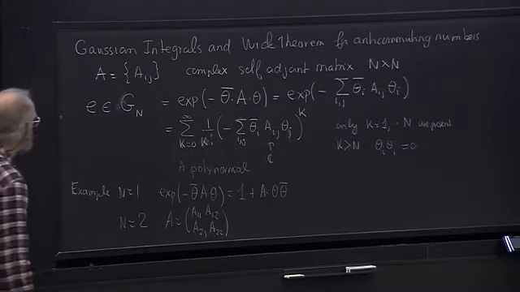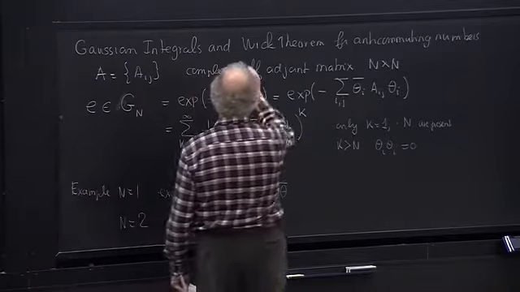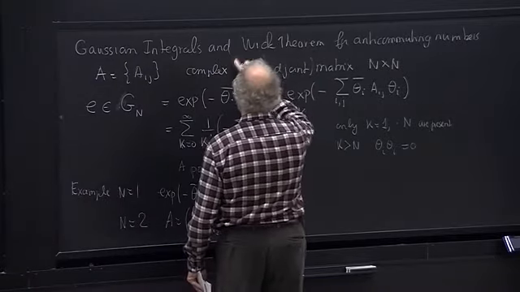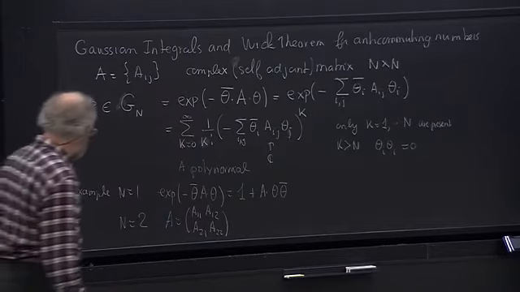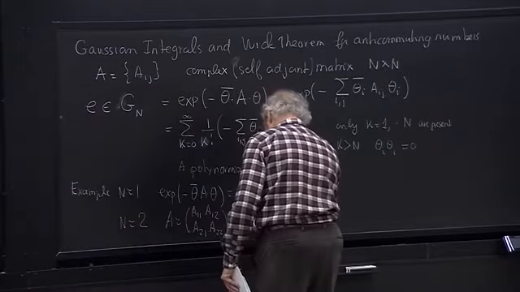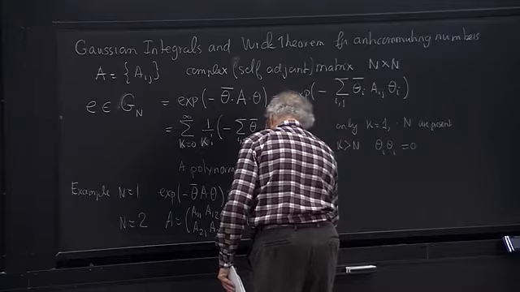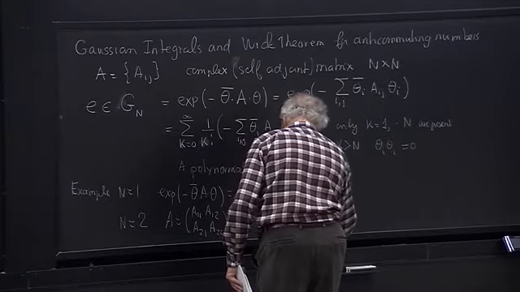Okay? Well, it doesn't really need to be self-adjoint, but that's better, self-adjoint. Okay, and then this number, the exponential of minus theta bar A theta.